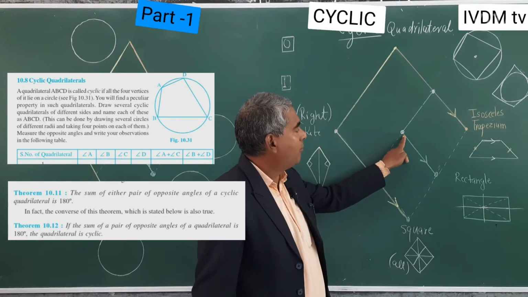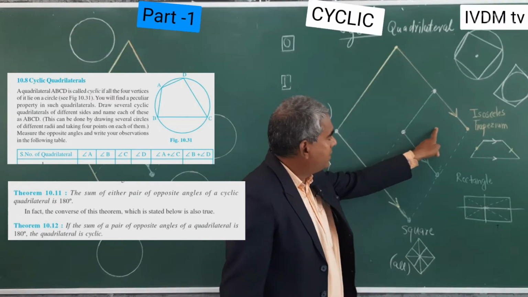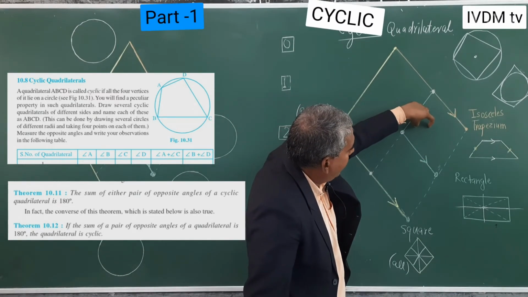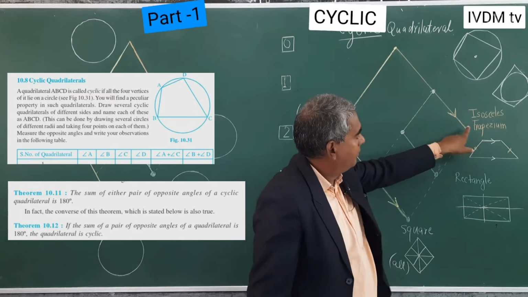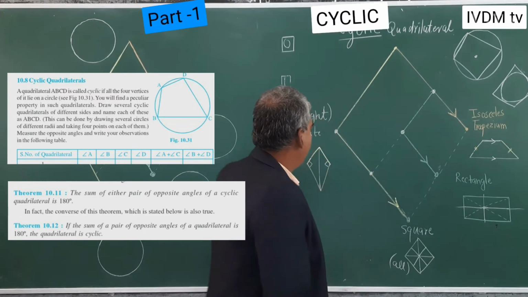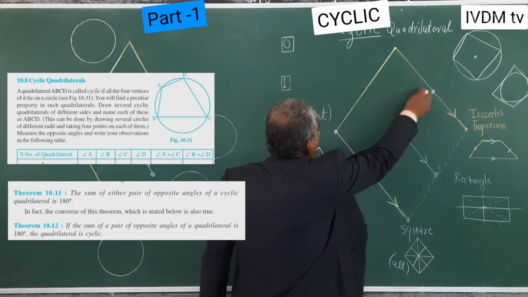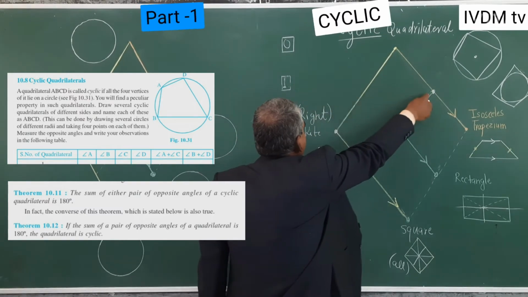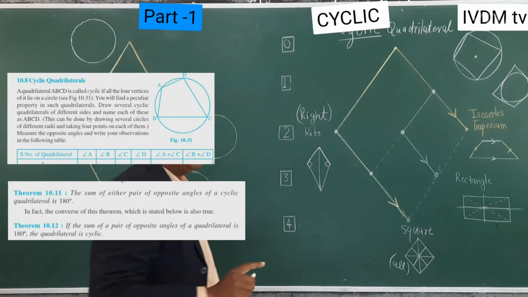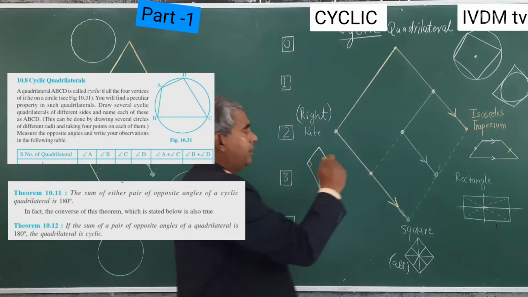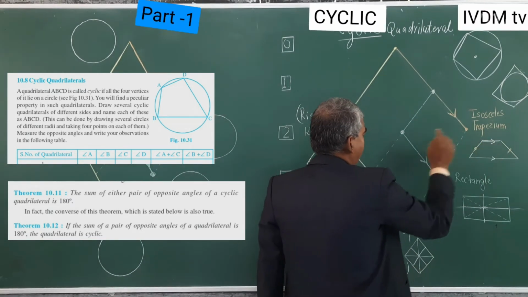In a parallelogram, the opposite sides are both parallel and equal. So one condition means the trapezium: only one pair of opposite sides is parallel.